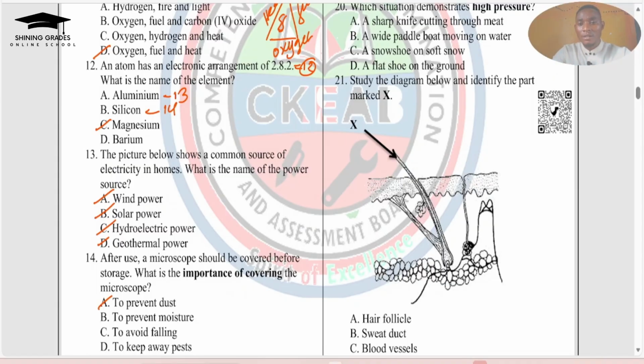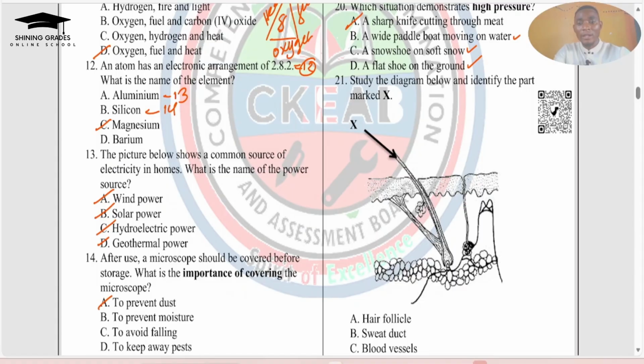When you look at answer D, the surface is very wide or broad. Snowshoe, the surface is always very broad. A wide paddle, very wide. So a sharp knife, the surface area is very small, and therefore high pressure is going to be exerted on the surface where the knife is used. So the correct answer is A.